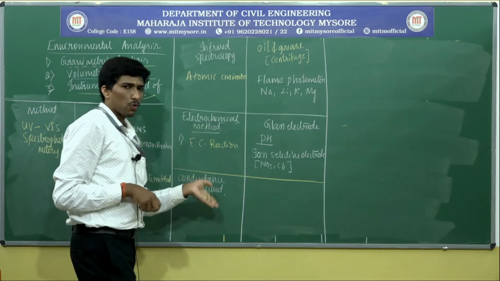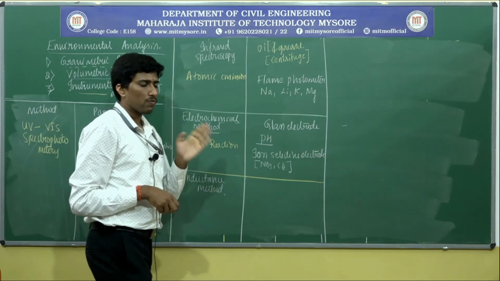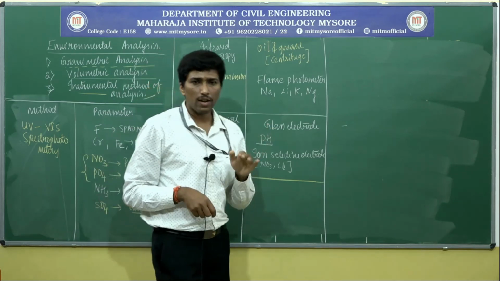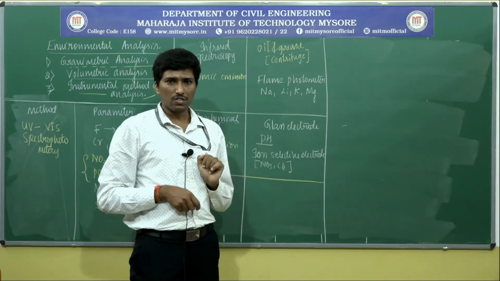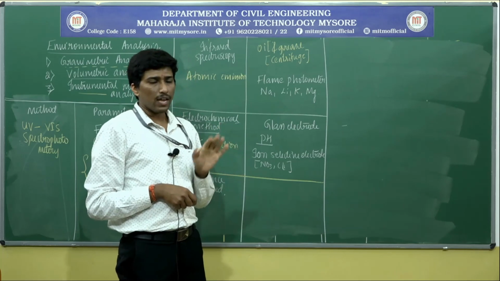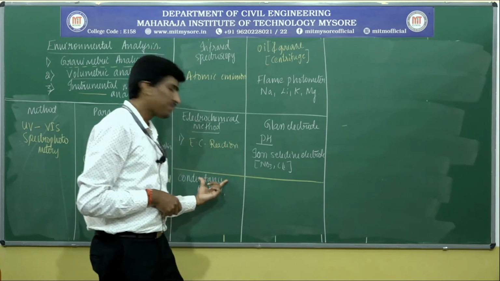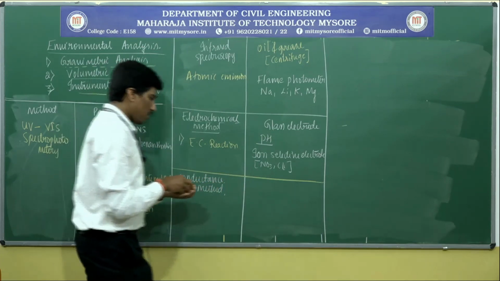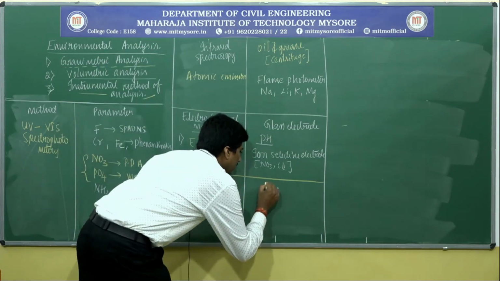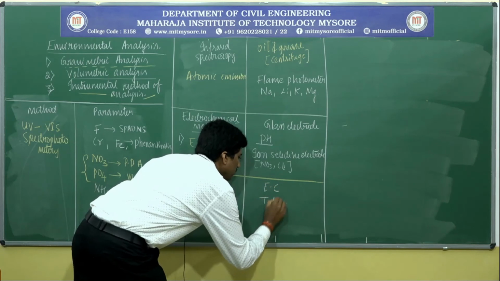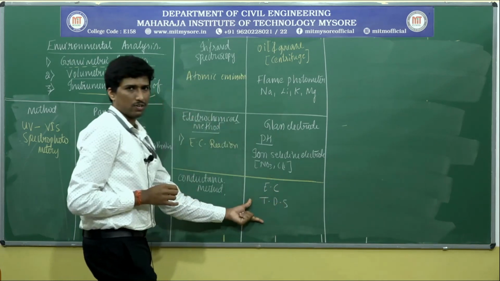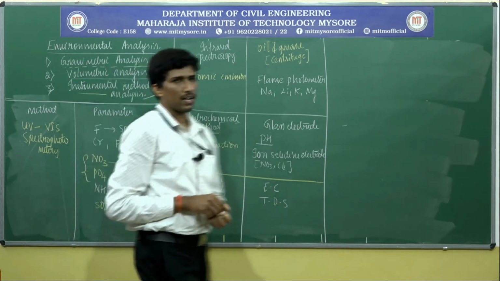That means it is the reciprocal of resistance. The property of a conductor to obstruct the flow of electrons we call resistance, and the property of any material or liquid which allows the flow of electrons we call conductance. Mainly you go for determining the electrical conductivity as well as the total dissolved solid content. So these are the set of categories.